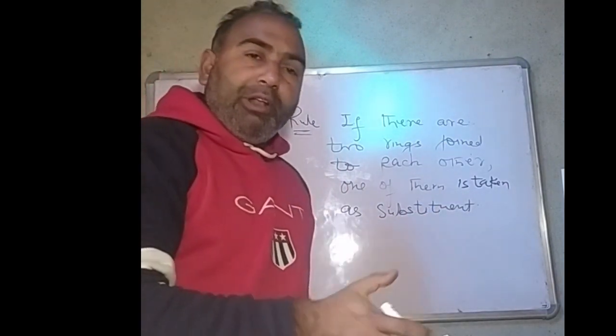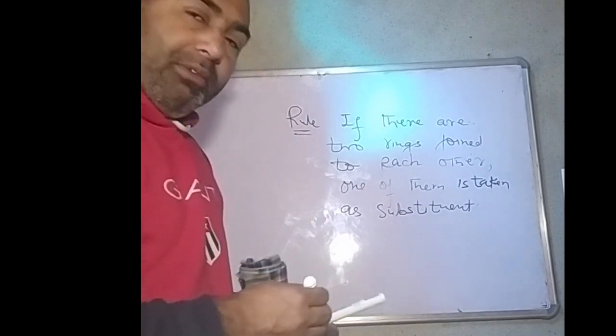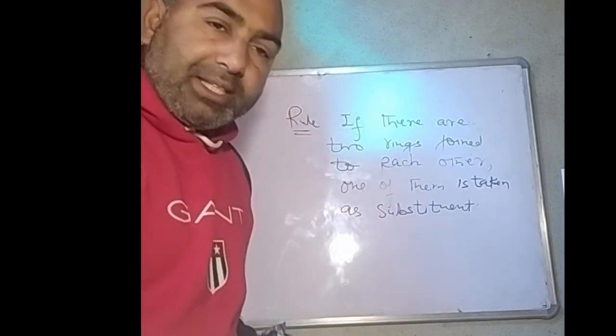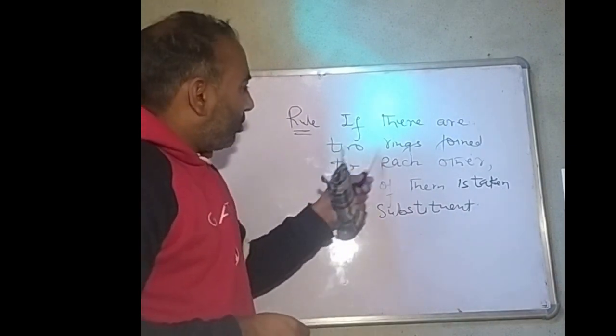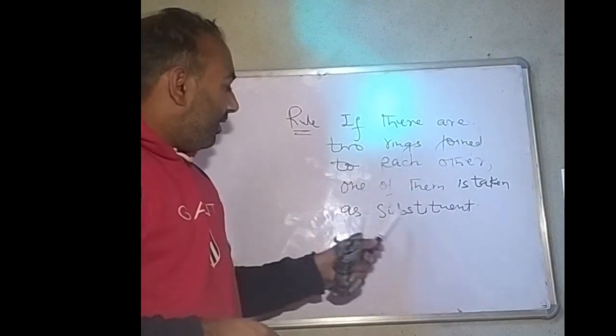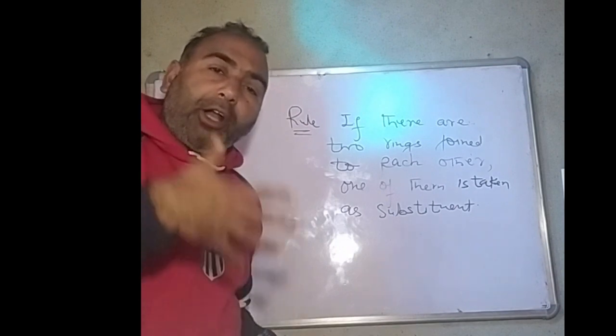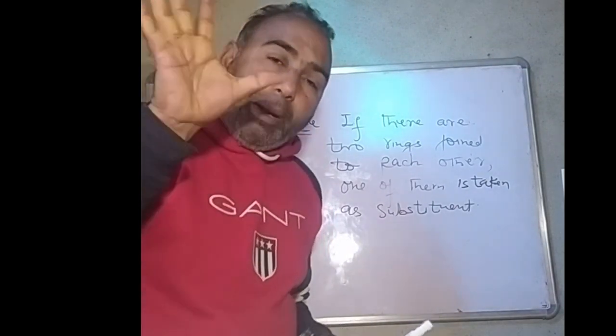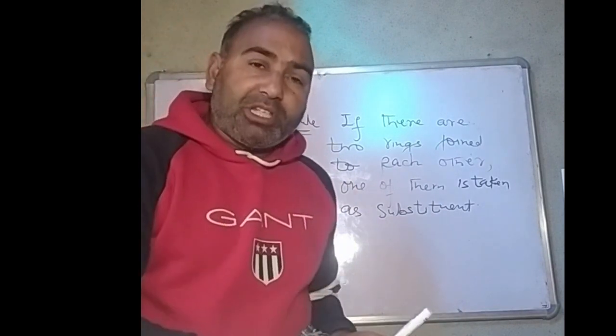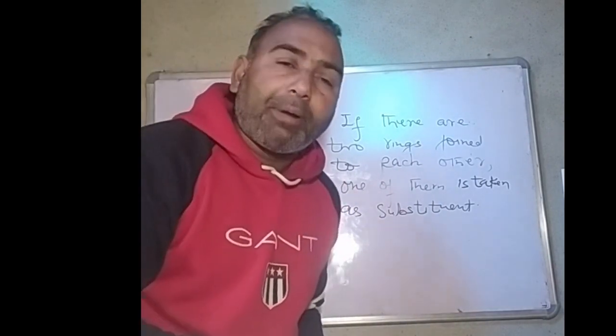So this rule will be clear with a suitable example which I am giving this time. So if there are 2 rings joined to each other, one of the ring systems becomes a substituent. But preferably that ring becomes a substituent which has less number of carbons.